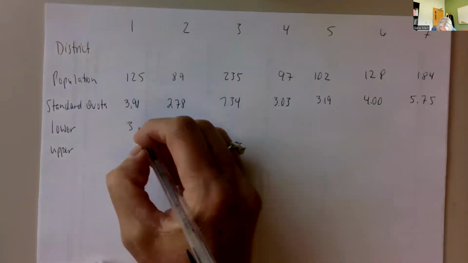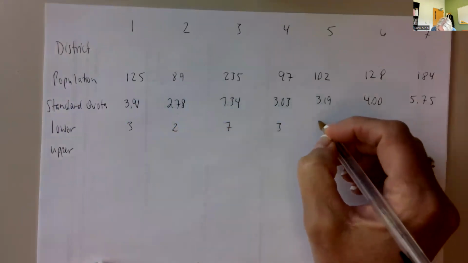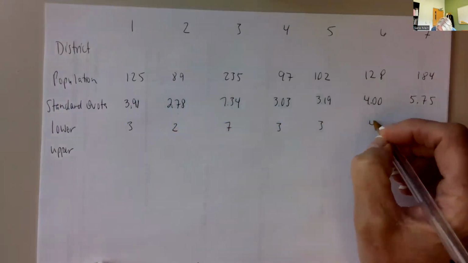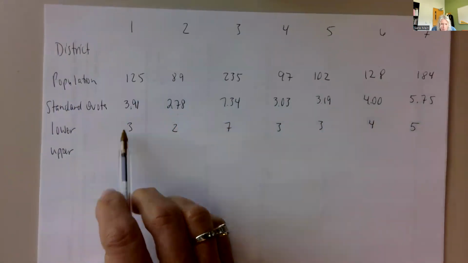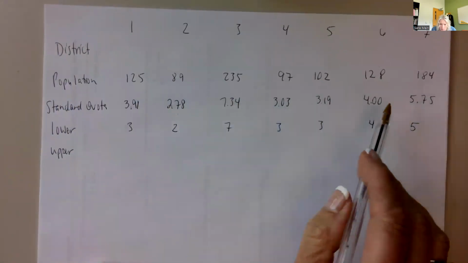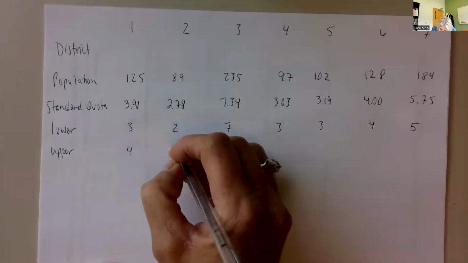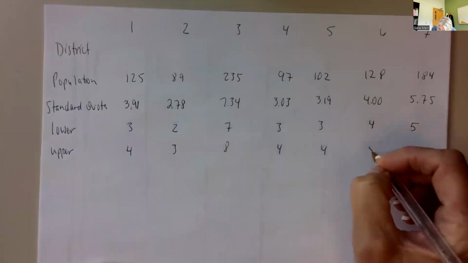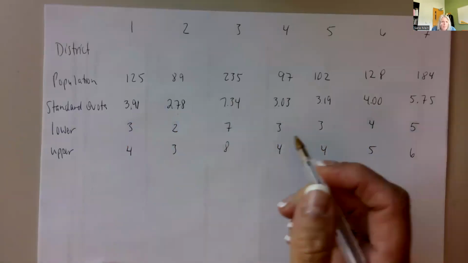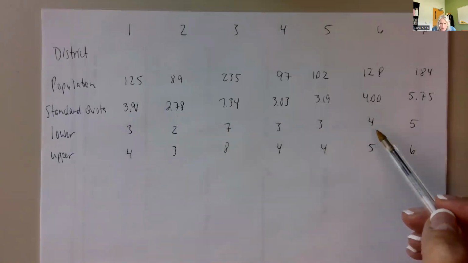So that's just 3, 2, 7, 3, 3, 4, and 5. The upper is taking the standard quotas and rounding up to the next whole number. So 4, 3, 8, 4, 4, 5, and 6. And notice that the upper is exactly 1 larger than each of the lowers.